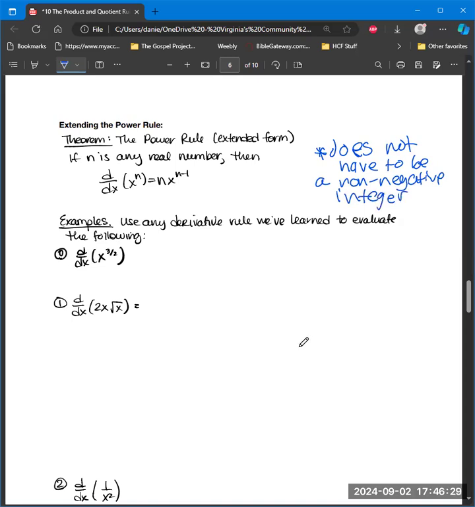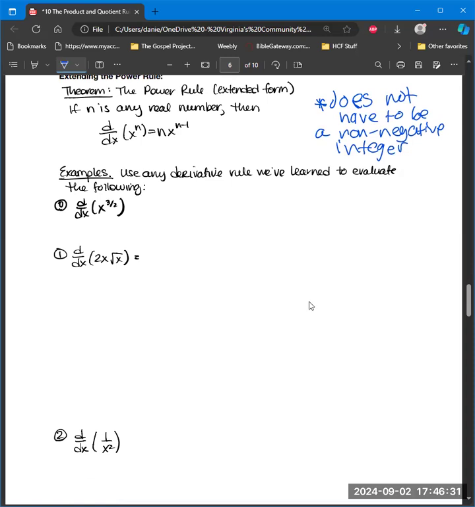So let's go ahead and use it with these powers here. That's going to give me 3/2 x to the 3/2 minus 1, which is 3/2 x to the 3/2 minus 2/2, which is 3/2 x to the 1/2.